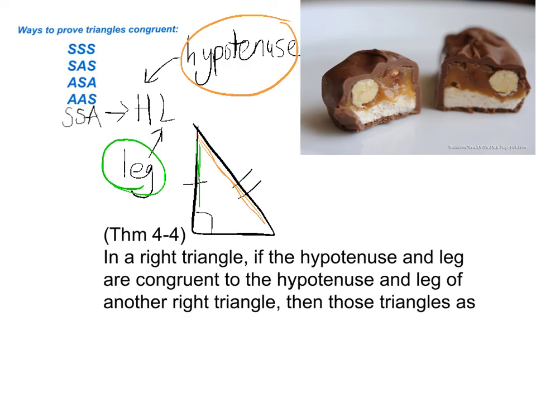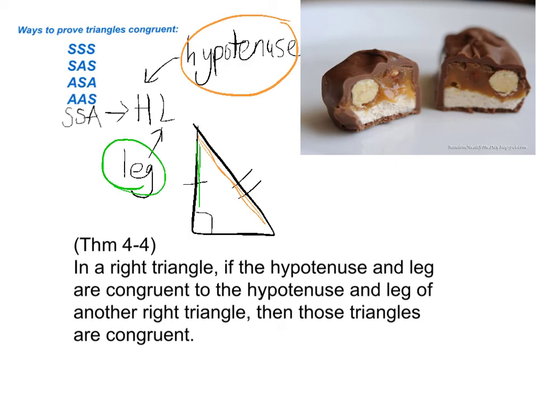No, then those triangles are congruent. All right, I'll move that over a little bit. They all fit. There we go. So just to read it one more time, in a right triangle, if the hypotenuse and leg are congruent to the hypotenuse and leg of another right triangle, then those triangles are congruent.